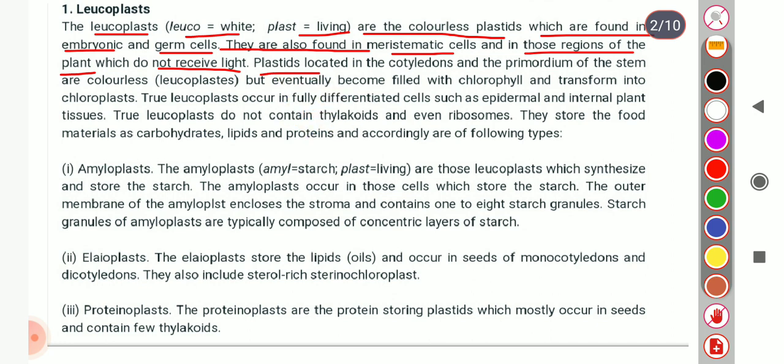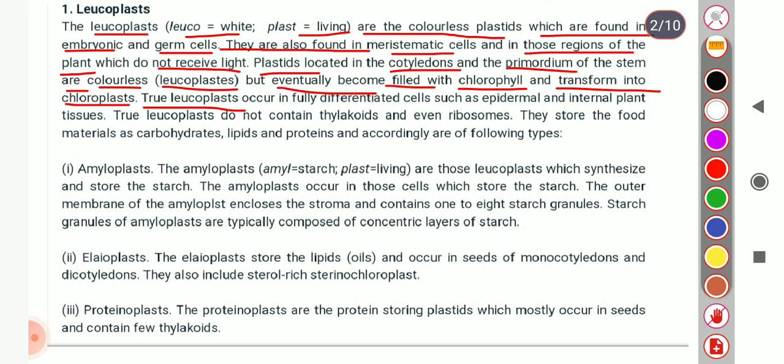Plastids located in the cotyledons or primordium of the stem are colorless, but eventually become filled with chlorophyll and transform into chloroplast.